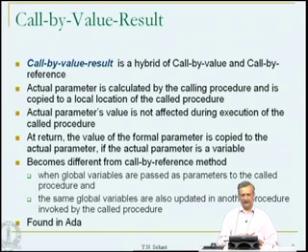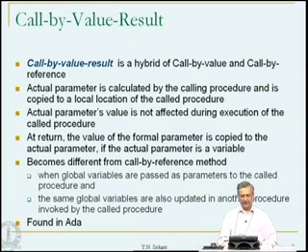The third method of passing parameters, we will look at an example after we finish call by value result, is called call by value result. This is a combination or hybrid of call by value and call by reference.